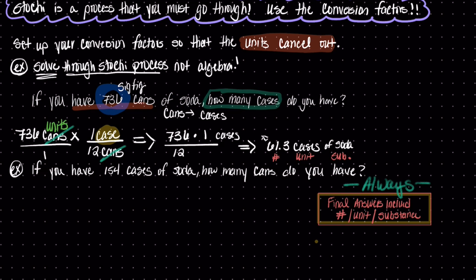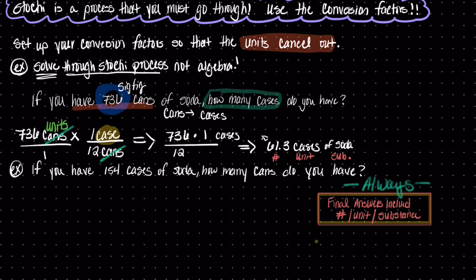In stoichiometry, your answer should always be framed as number, unit, substance. You must always give me number, unit, substance for full credit. If you're missing a piece, you won't get full credit, particularly if your number is wrong. So make sure you have that detailed approach on number, unit, substance, always.